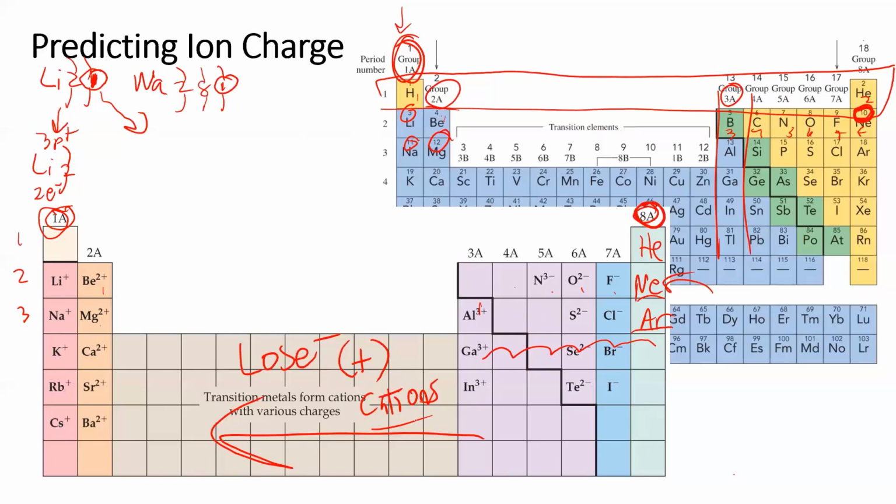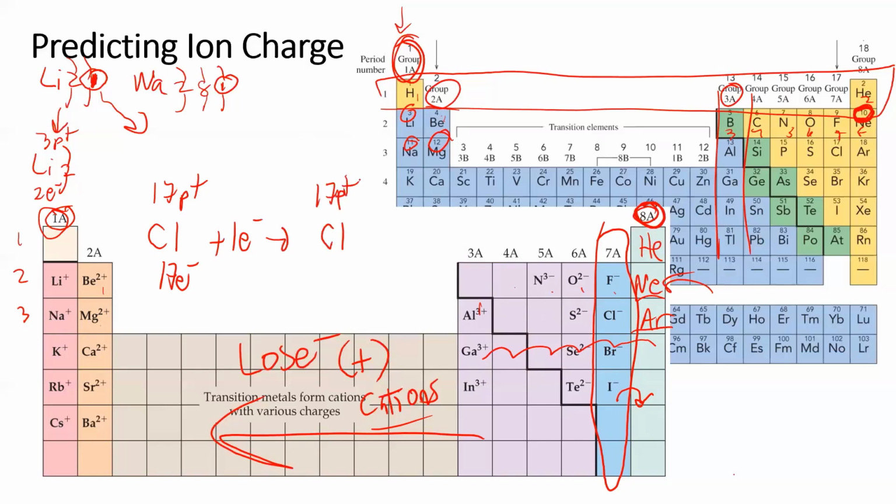Now, nonmetals are the opposite, and this is why halogens are so reactive. Group 7A only needs to gain 1 electron to be a noble gas. So chlorine has 17 protons and 17 electrons. If I gain 1 electron, now chlorine has 17 protons and 18 electrons.